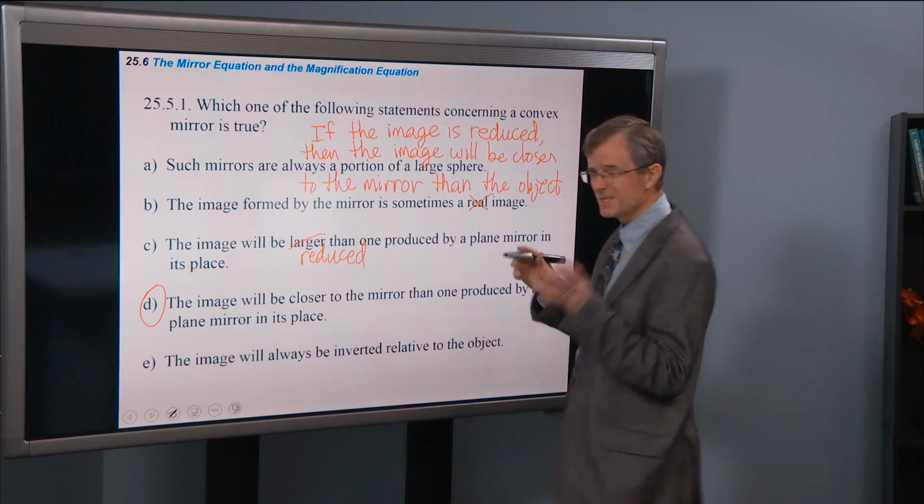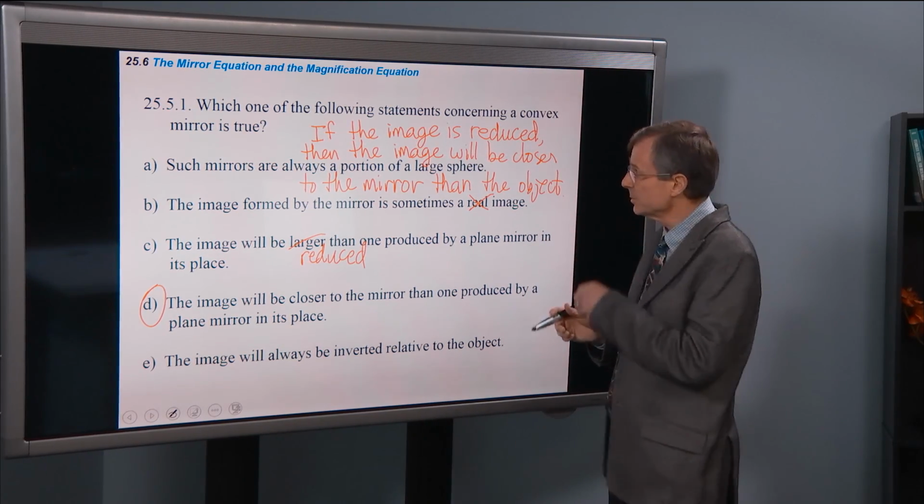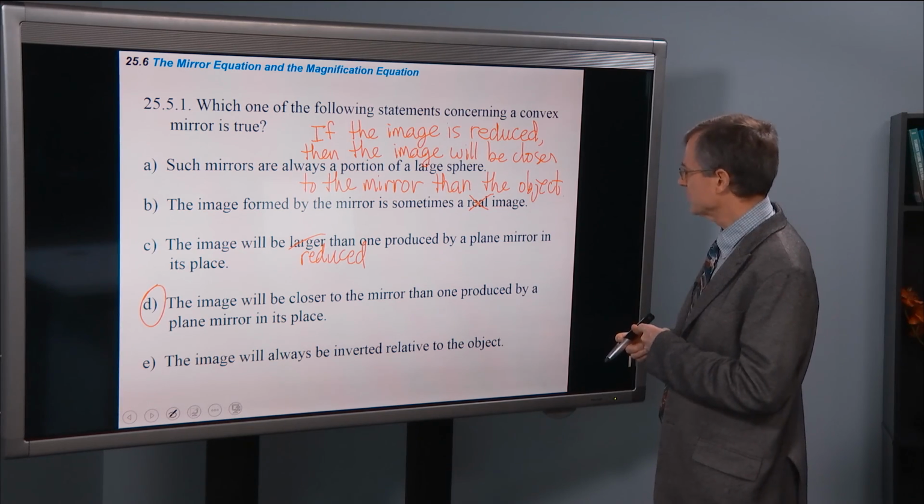We're not worried about which side of the mirror right now. We're just talking about how close it is to the mirror. And if it's reduced, then the image will be closer to the mirror than the object.